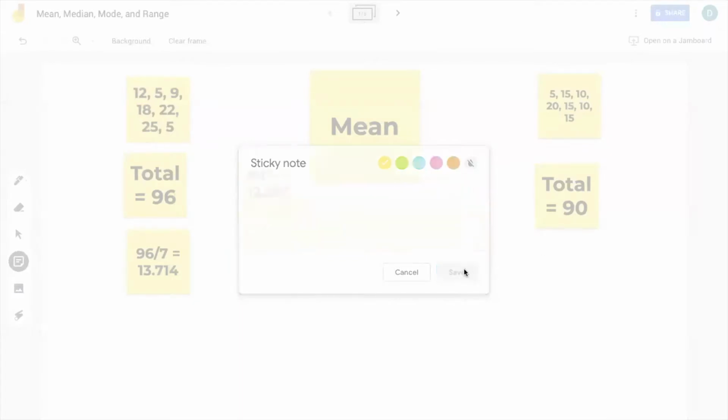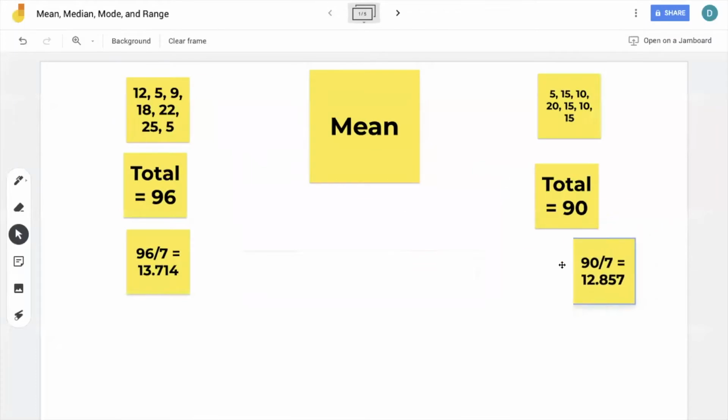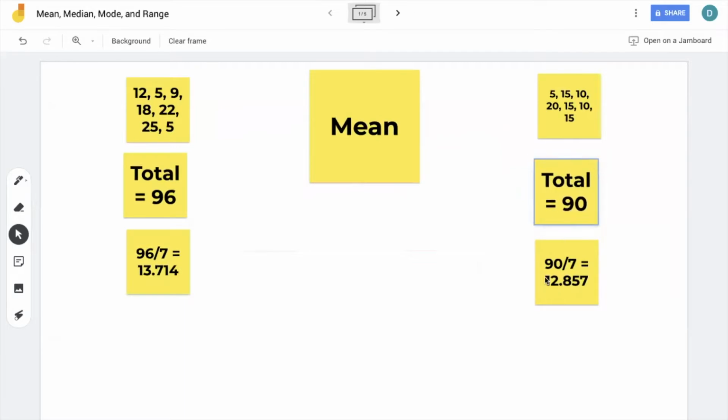Again, I rounded to the third decimal place here, the nearest thousandth. You can see these are not whole numbers, and that's okay, because it's an arithmetic thing. You add them together and then divide, and you don't know that it's going to divide out evenly. So that is mean, a numerical average.